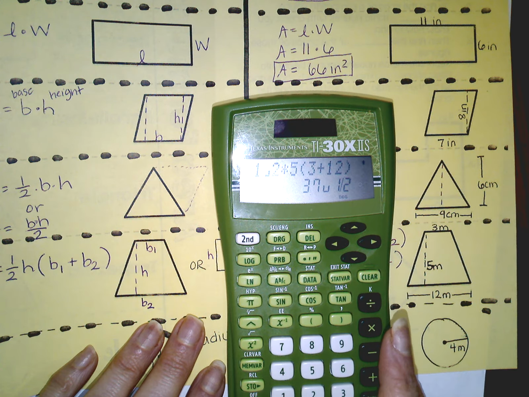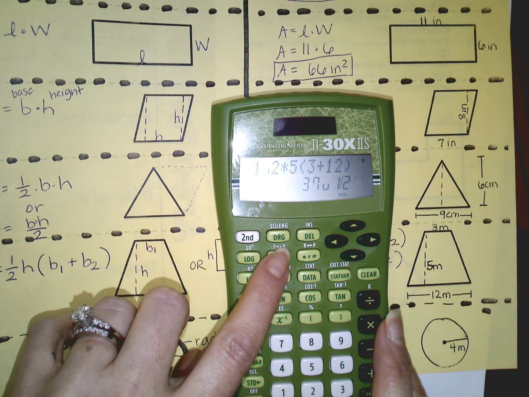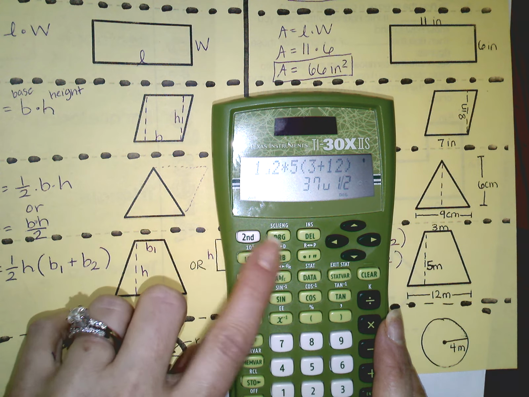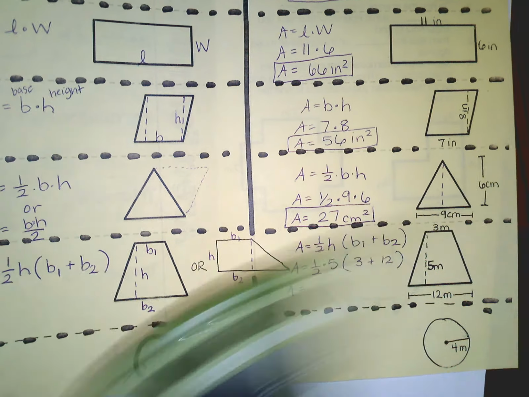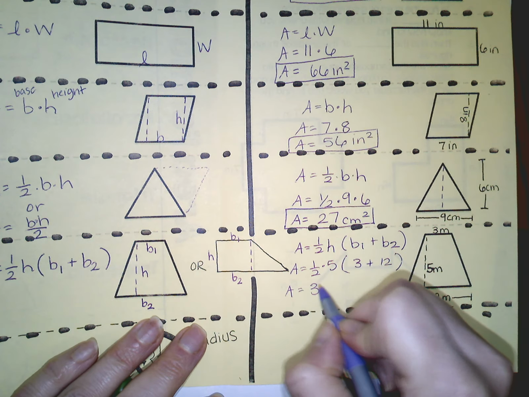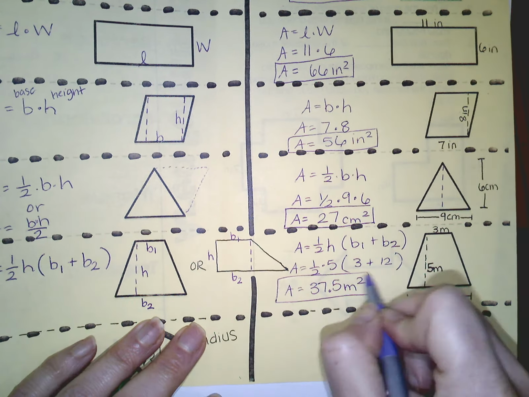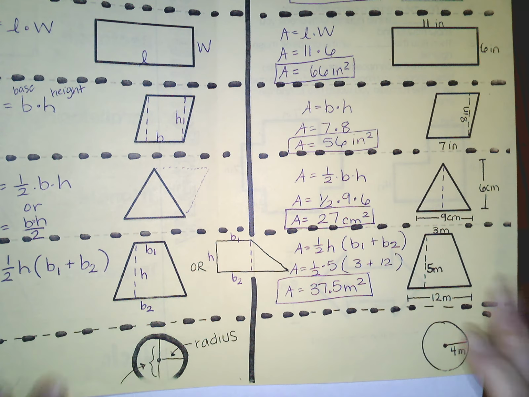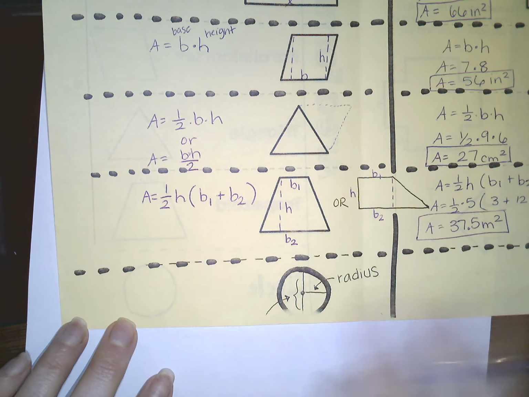If you convert that to a decimal, remember second, fraction to decimal, decimal to fraction, goes back and forth. 37.5. Okay. And it's meters squared.